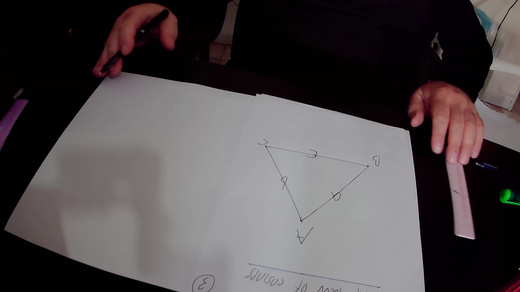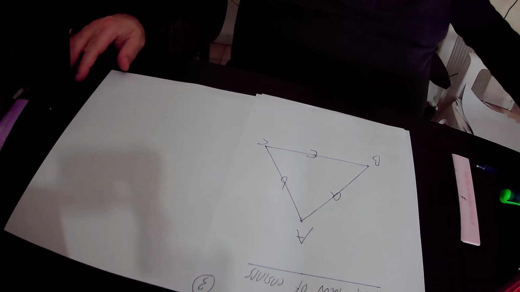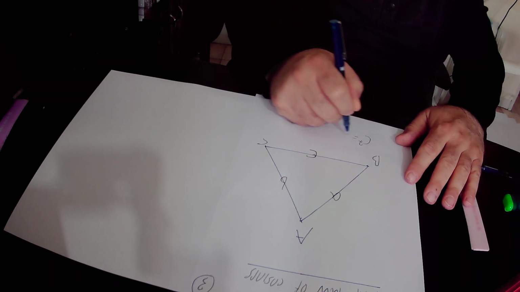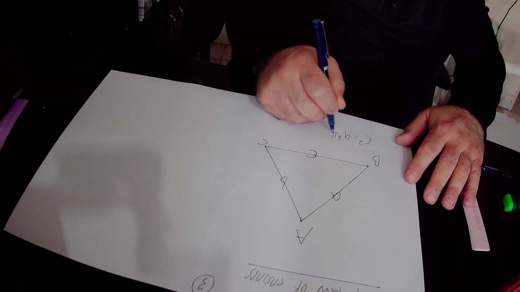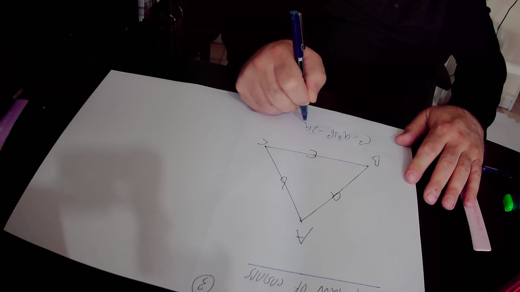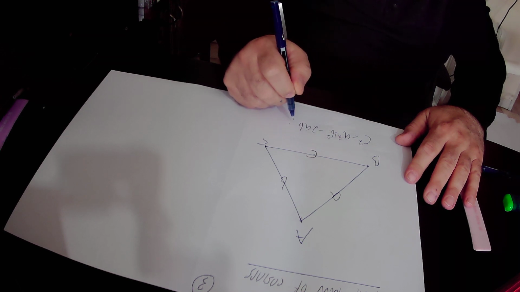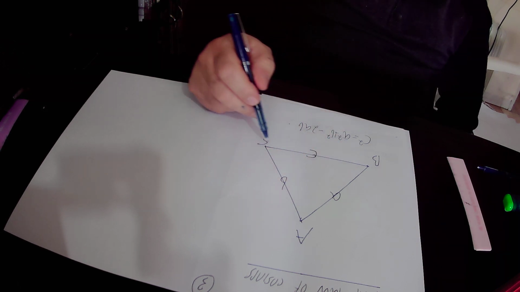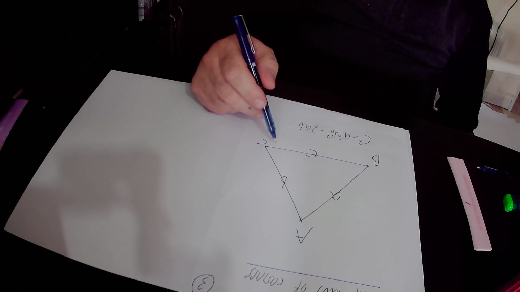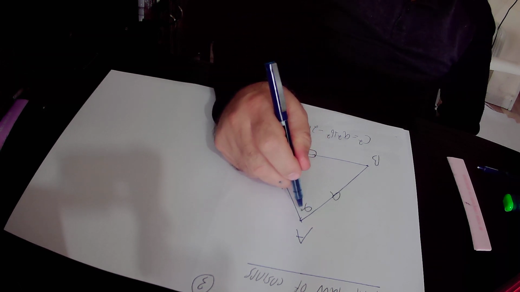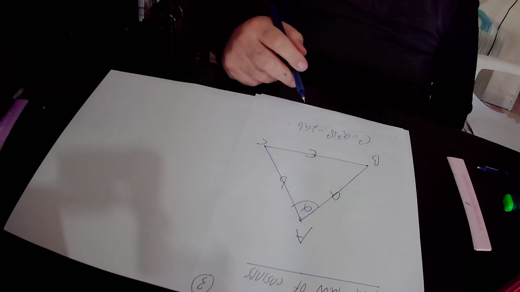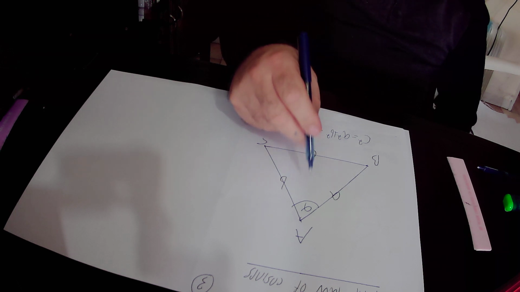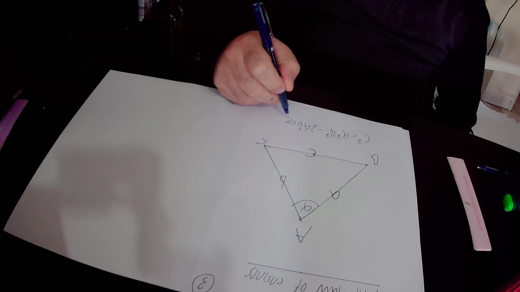Then, according to the law of cosines, C squared equals A squared plus B squared minus 2 times A times B times cosine alpha, where alpha is the angle between side AB and side AC.